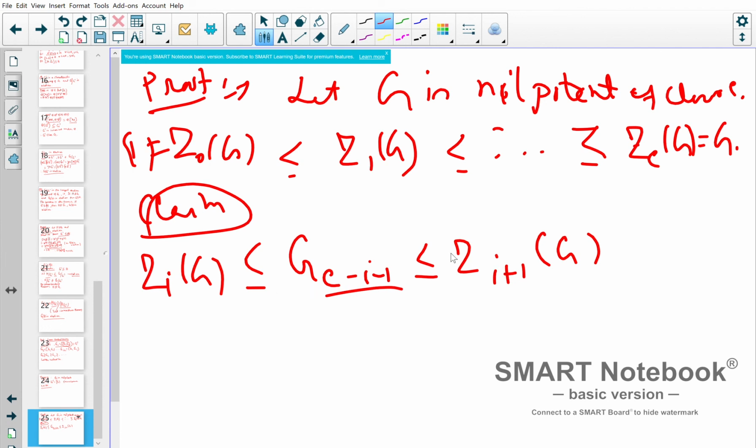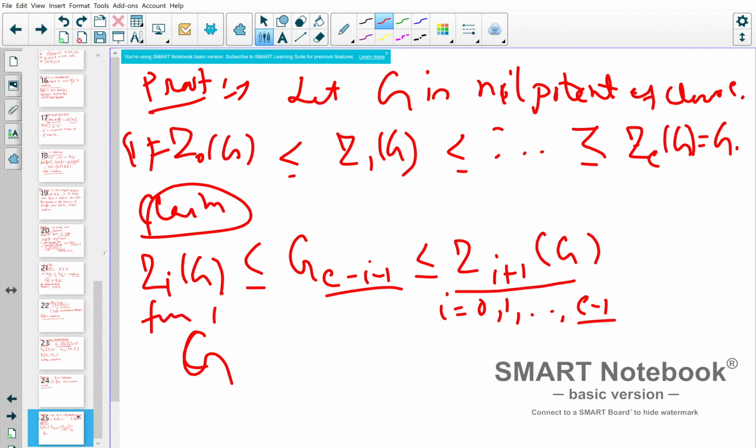Let me just prove it for bigger i, so this is true for all i from 0 to C minus 1.